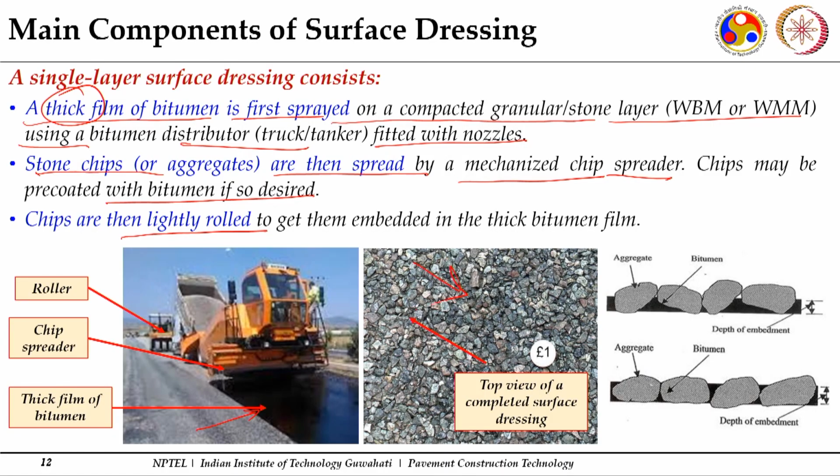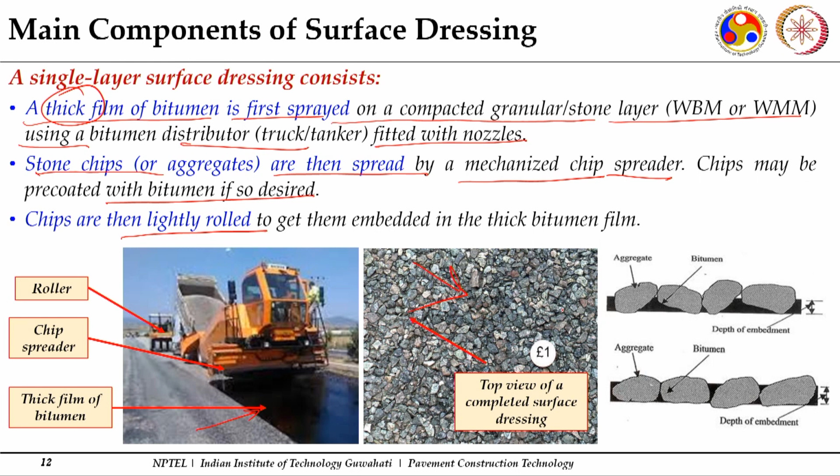This is how the surface looks. You will see there is a lot of texture, because these aggregates are more or less single sized. So it gives good skid resistance, because when a vehicle tire comes, water gets a path to escape between the surface and the tire.